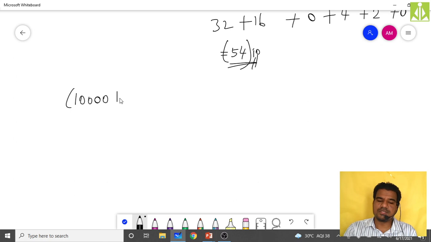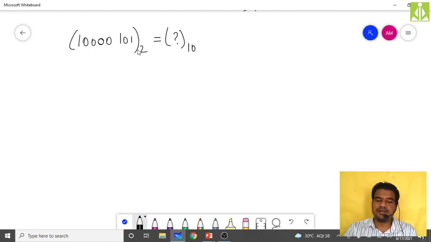10010101 in binary, and I want the decimal equivalent for this one. Okay, how can we do it? First you write these numbers with some space in between. Multiply with 2 plus, multiply with 2 plus, multiply with 2.